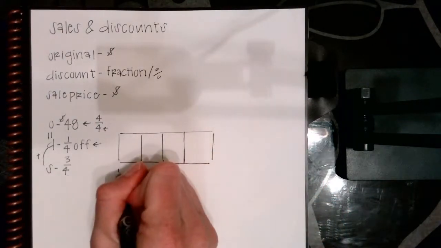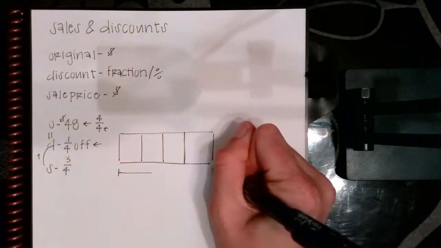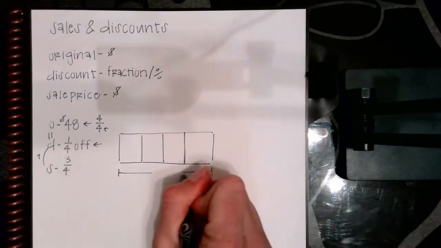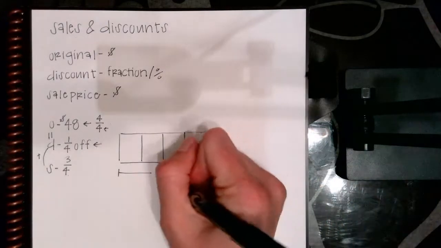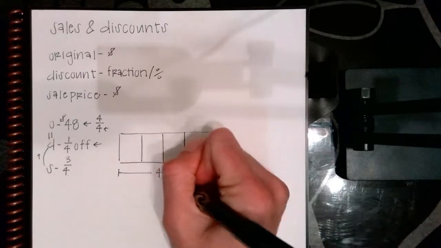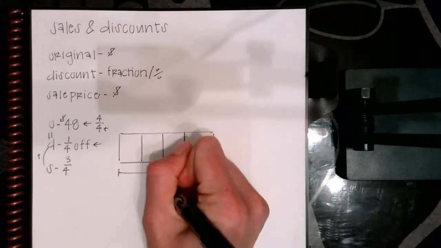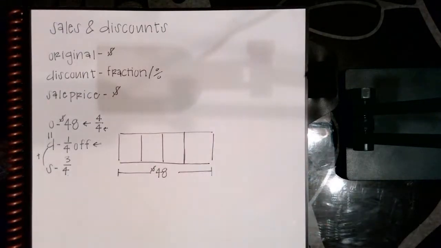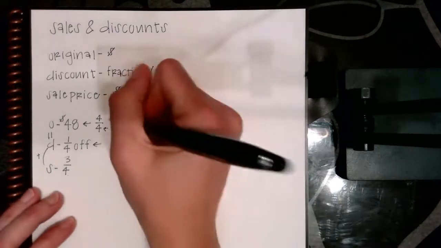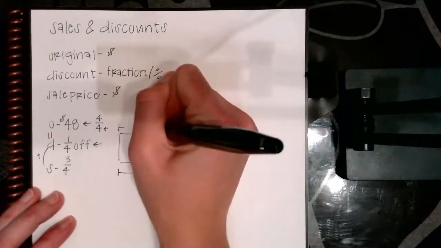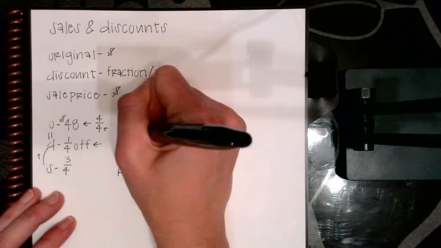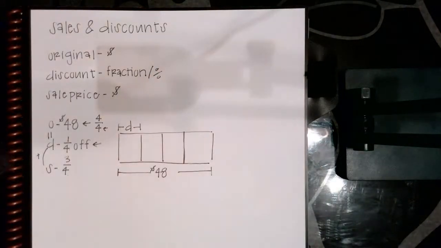Then I know that this whole thing represents the original price, and that was $48. I like to include my units just so I don't forget them at the end and that they don't get lost. I then know that this right here is my discount, because my discount was 1/4 off.